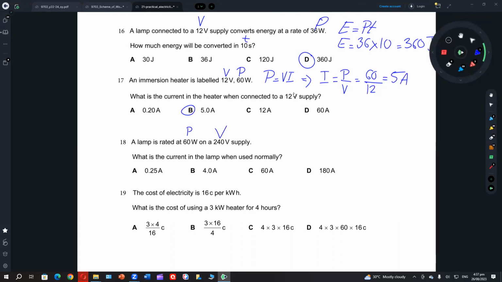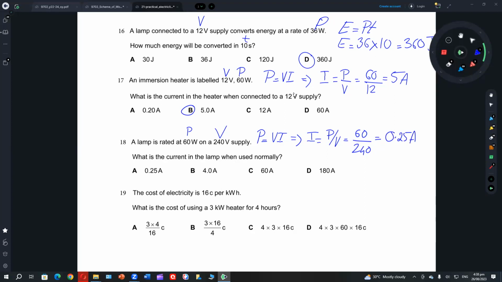What is the current in the lamp when used normally? 60 upon 240. I'm getting 0.25 ampere.